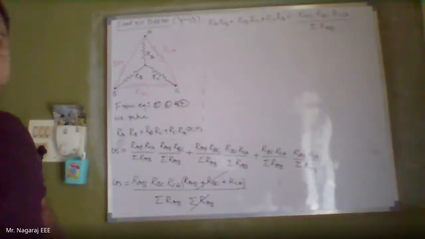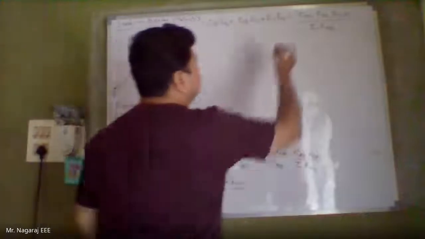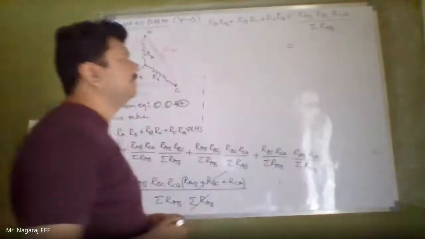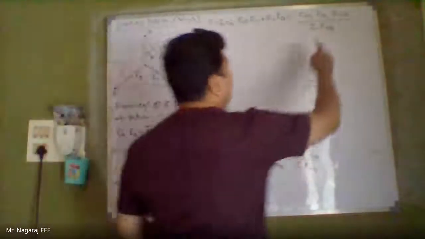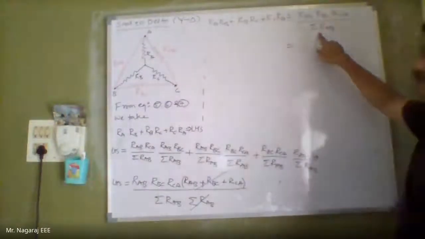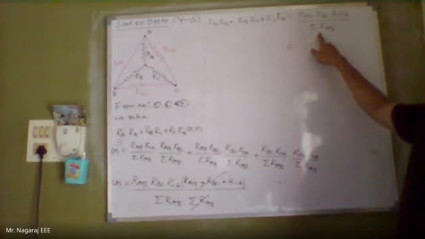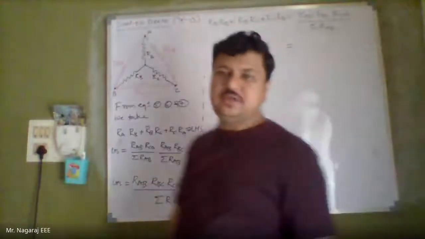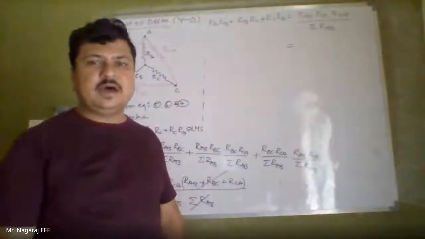From the RHS, what I can observe is that RBC, RCA divided by summation RAB is nothing but my RC.